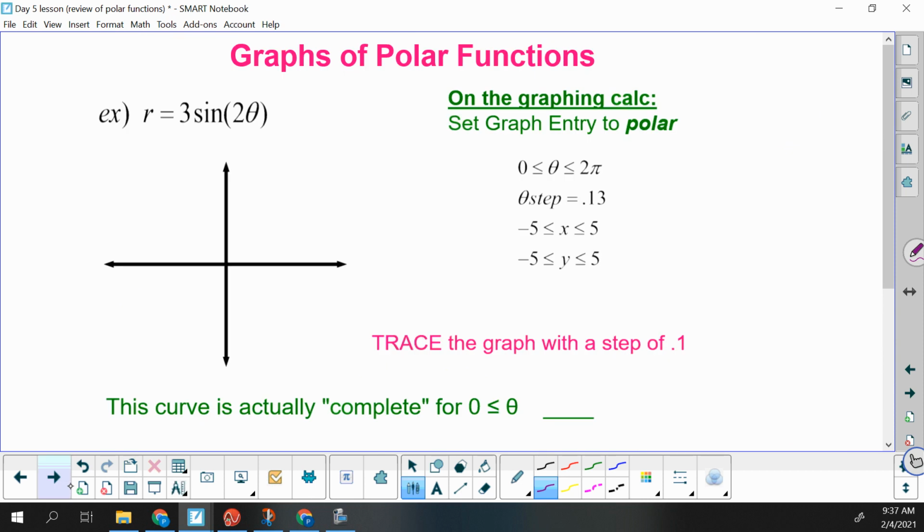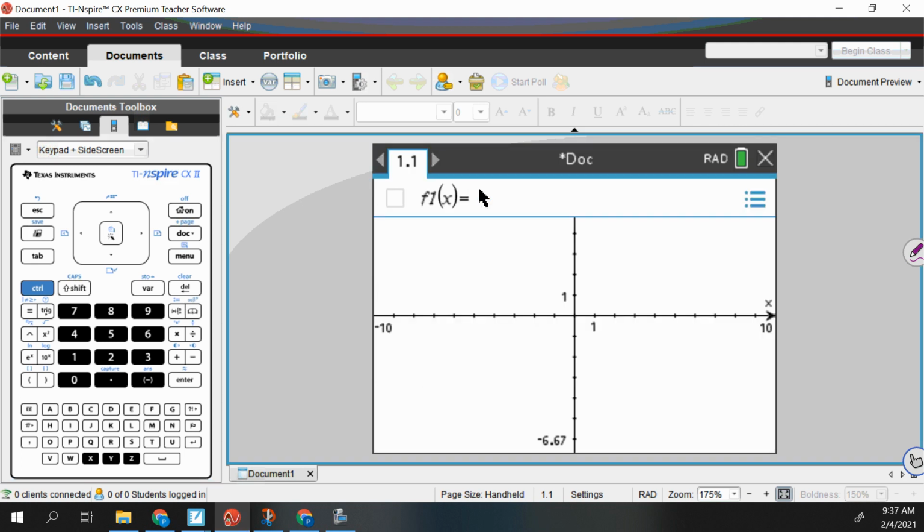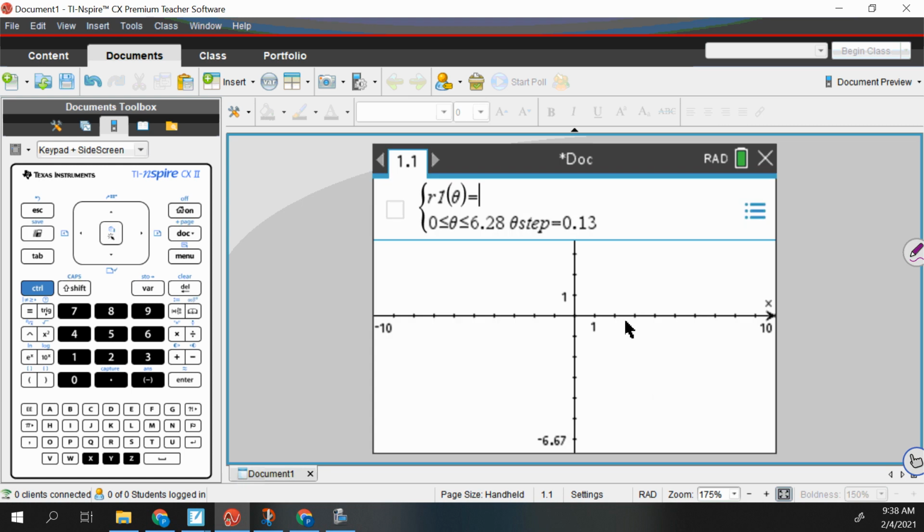All right, so we're going to graph a polar function. So we're going to graph 3 sine 2 theta. And we're going to go to a graphs page. We've got to go to menu, graph entry edit, and we've got to switch it to polar coordinates. Make sure you're in radian mode.